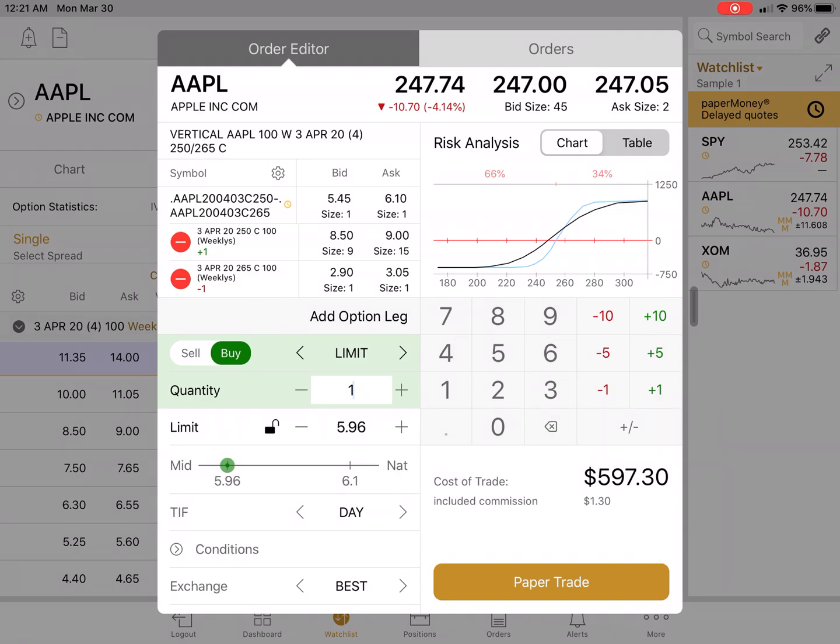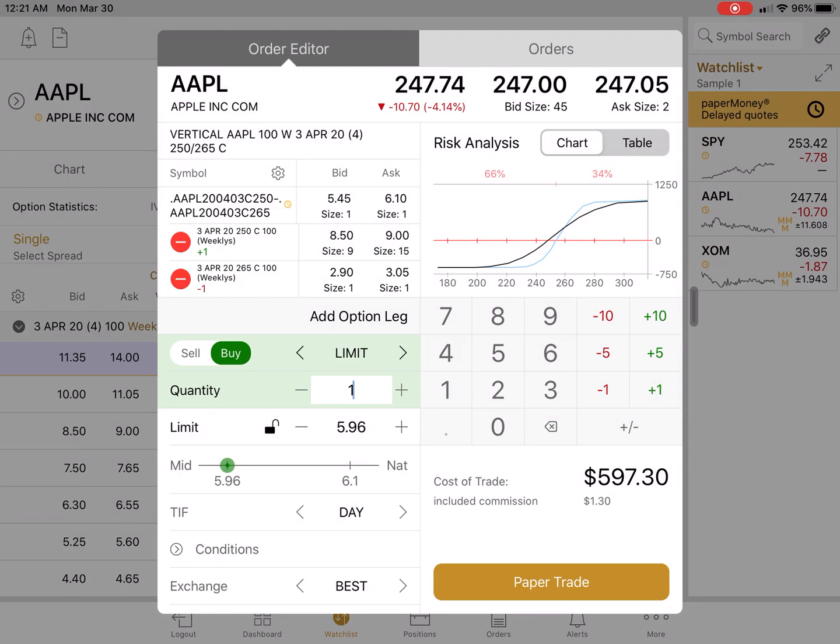The idea is that we are now limiting our profit to the difference of the strikes. That's $15. So we're basically capping the maximum profit that we could make, but we're also making our strategy significantly cheaper.